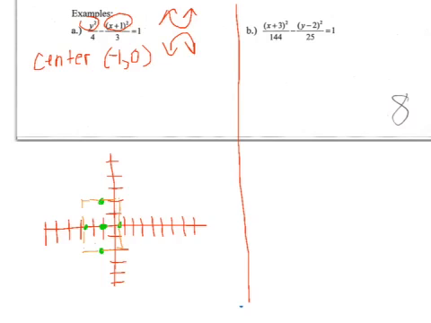So there's the box, and then the asymptotes are going to go through the corners of the box. Like that. All right.